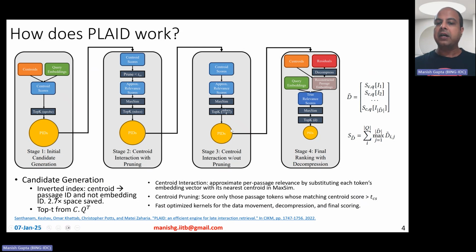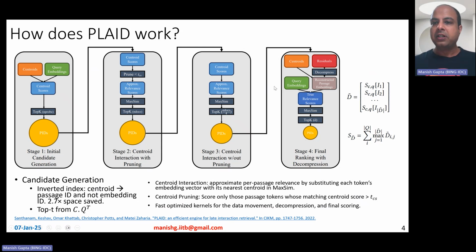After you've done that, you're left with really relevant top K passage IDs. Now you take those passage IDs and compute the exact maximum similarity. The way you do that is by decompressing: take the residuals, decompress them, get the actual passage token embeddings, and then compute the true relevance scores, which is the true maximum similarity. And of course, you return the top K.